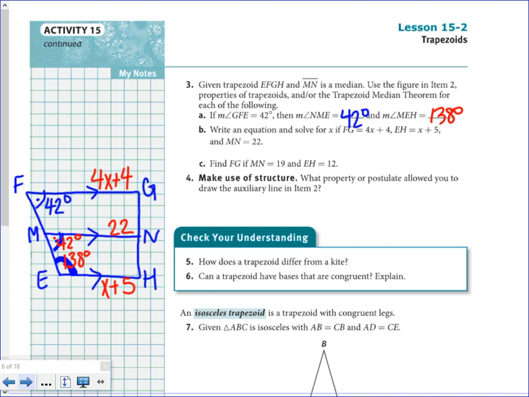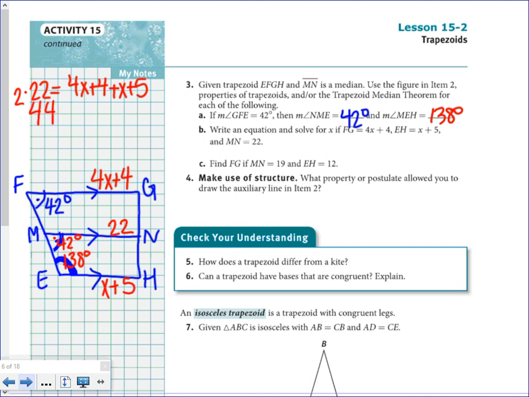There are two different ways you can set it up. I'm going to choose to do double the median equals the two bases. So 2 times the median equals the two bases. You could say 22 equals 1/2 of 4x plus 4 plus x plus 5, if you would rather do it that way. You'll get the same thing.